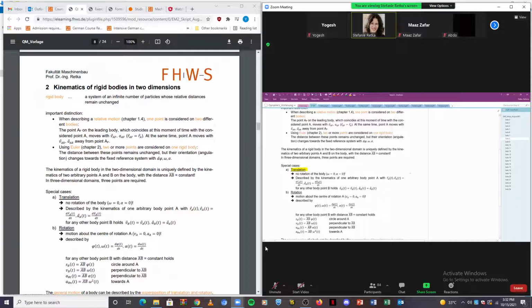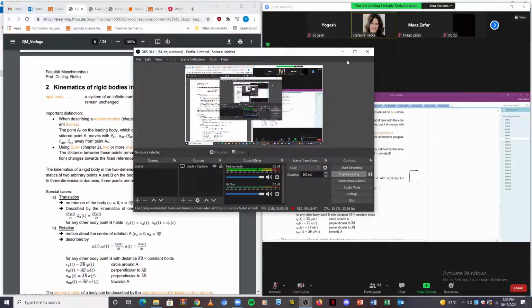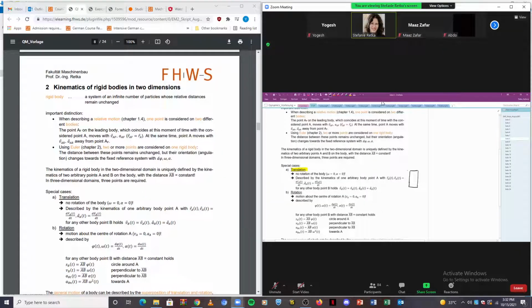Could be like, just use a rectangle to describe our object, like this. And then we have to pick 2 points on this object, on this rigid body.